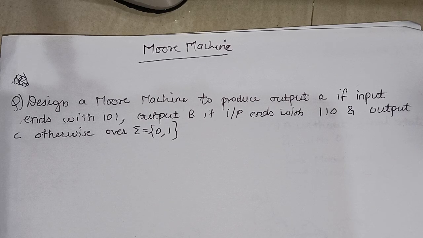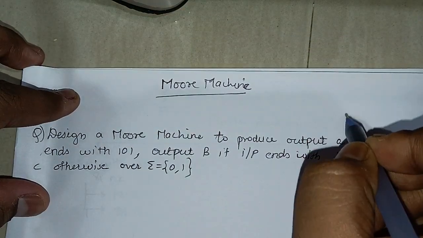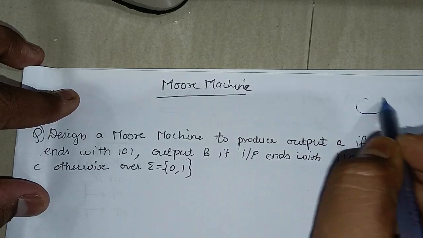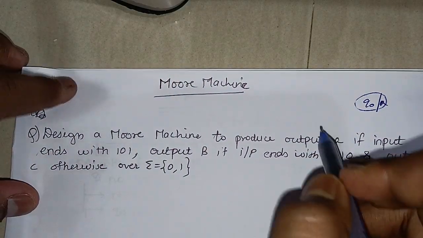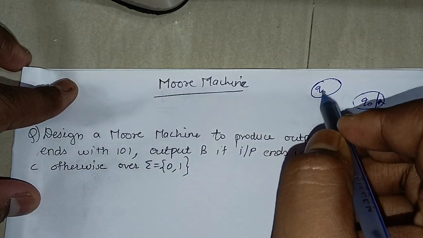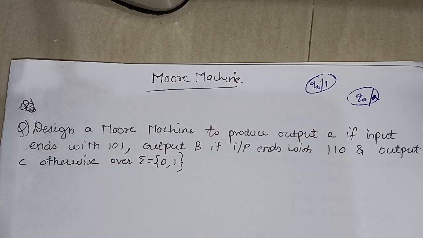It will depend only on the present state of the machine. In Moore machine, output symbol is associated with each state. Means when we draw some states like q0, its output will be shown like this, a, or something like that, associated with the states.